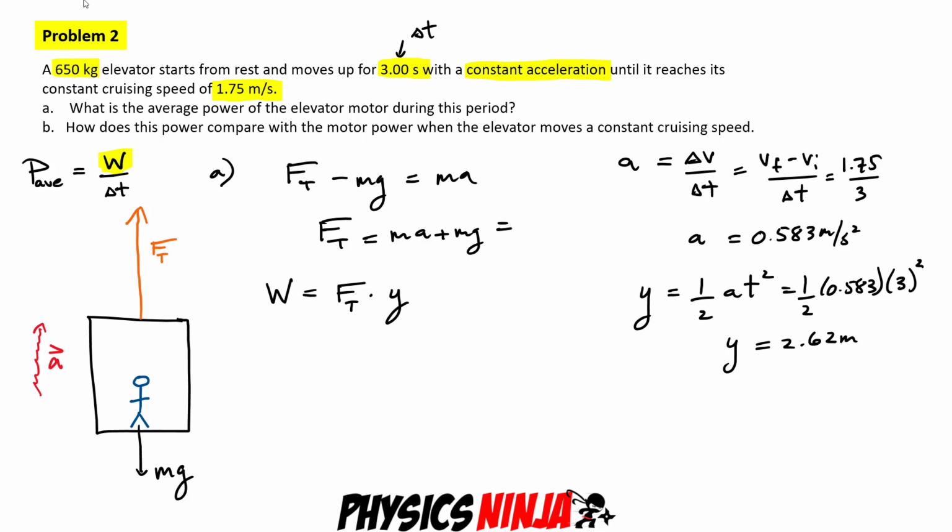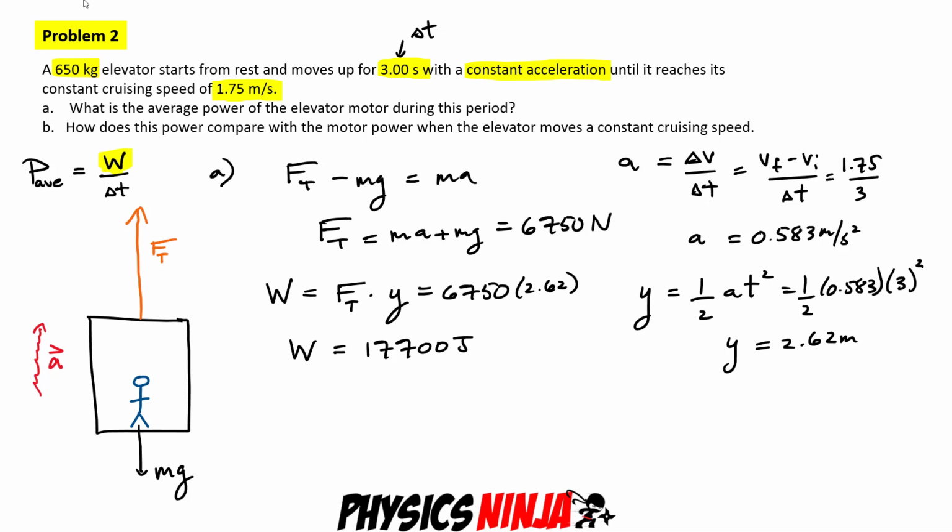All right, we're in a position now where we can calculate everything. We know the acceleration, we know little g, we know the mass. This tension force is 6,750 newtons if I substitute all the values. So right away, you should be able to plug everything in here: 6,750 multiplied by the distance, 2.62. This gives me a total work of approximately 17,700 joules.